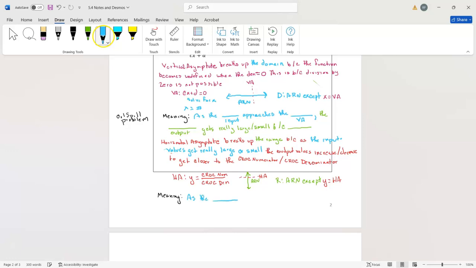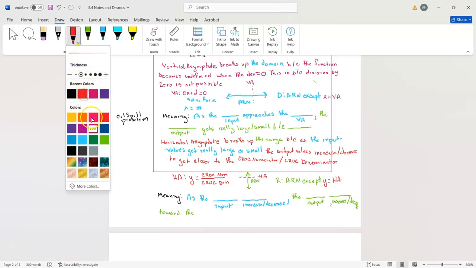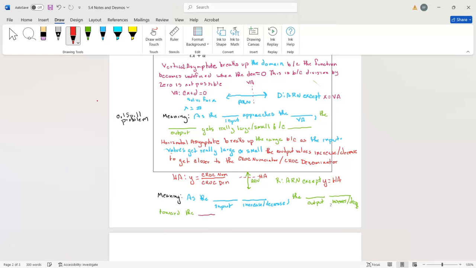As whatever our input is increases or decreases, the output, whatever our output is, also increases or decreases toward the horizontal asymptote value, but never reaches it.